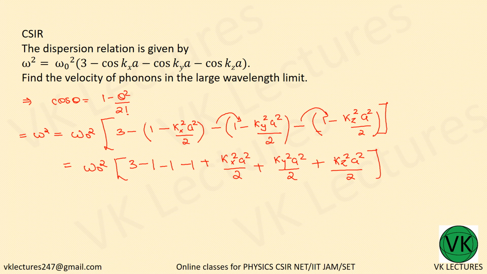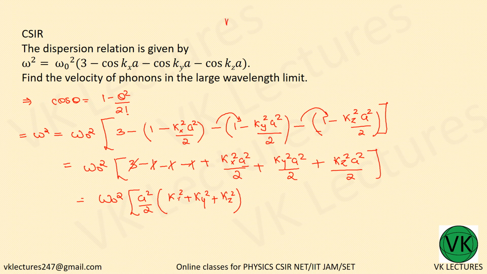So 3 minus 1 minus 1 minus 1 all goes. So that will be equal to omega naught square into, I can write a square by 2 as common, a square by 2 into kx square plus ky square plus kz square.